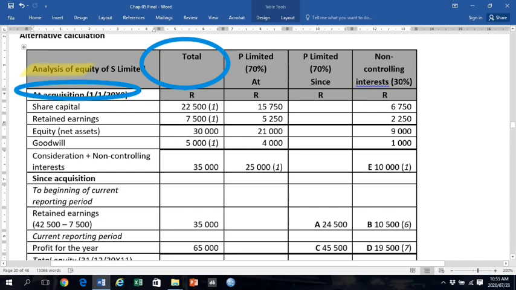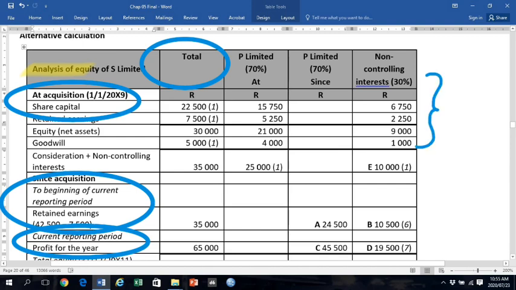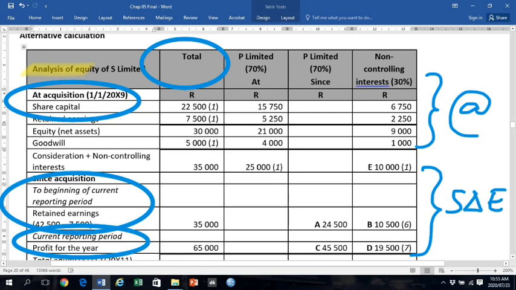We have the at acquisition date, we have the since to opening balance period, and then we have the current reporting period.